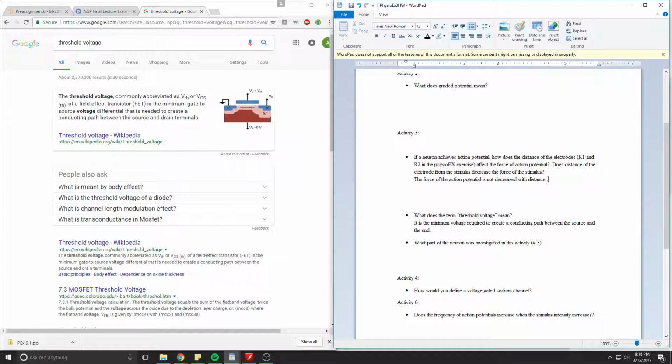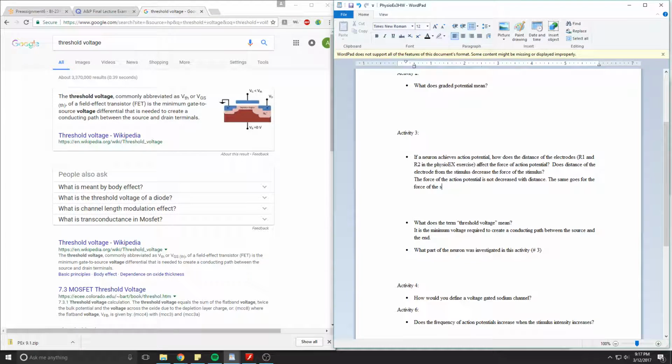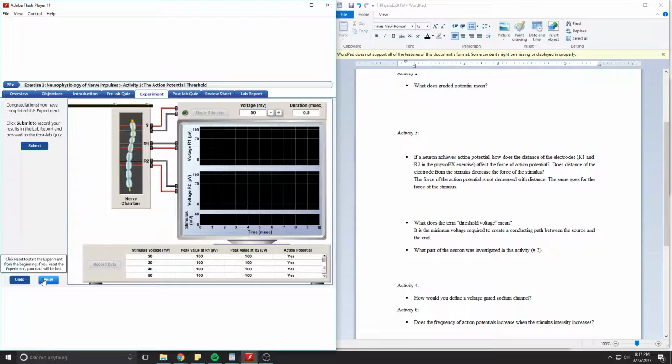The same goes for: does the distance of the electrode from the stimulus decrease the force of the stimulus, which is the same thing, right? I mean, what's the difference?